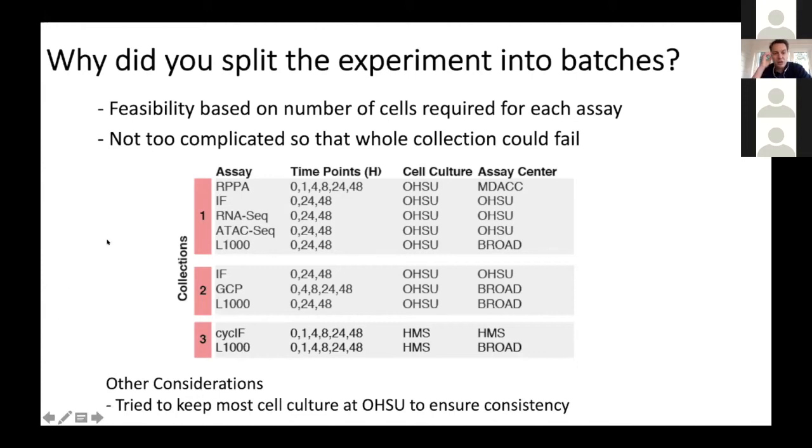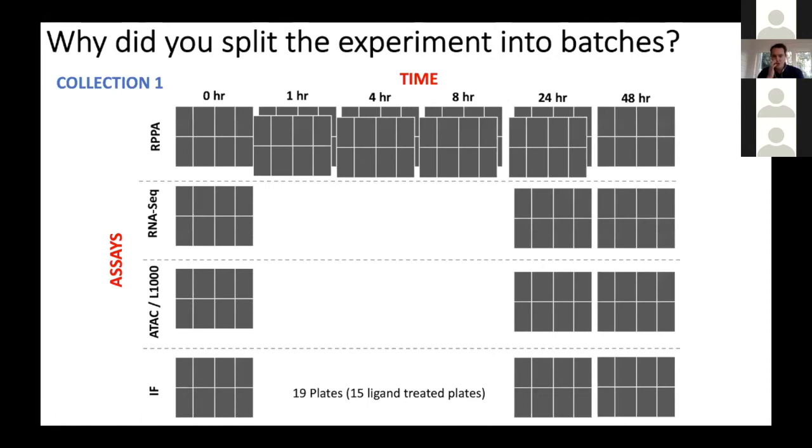Also, because we were plating so many cells, with so many different samples and treatments, we tried to ensure that the experiment was never so complicated that something would fail and we'd have to completely remove a replicate. So we've spent a lot of time trying to identify the parameters needed to make the experiment go smoothly, so we could actually collect all the samples necessary to make it as robust as possible.